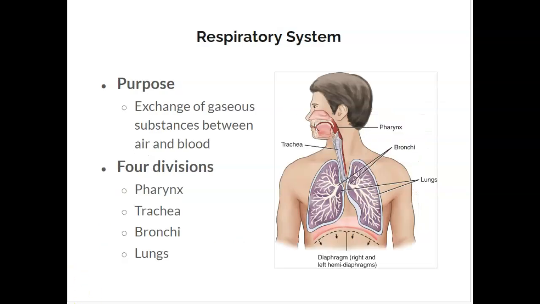Looking at the respiratory system, the purpose of the respiratory system is going to be exchange gas substances between air and blood. The respiratory system is divided into 4 different divisions. We have the pharynx, the trachea, the bronchi, as well as the lungs.